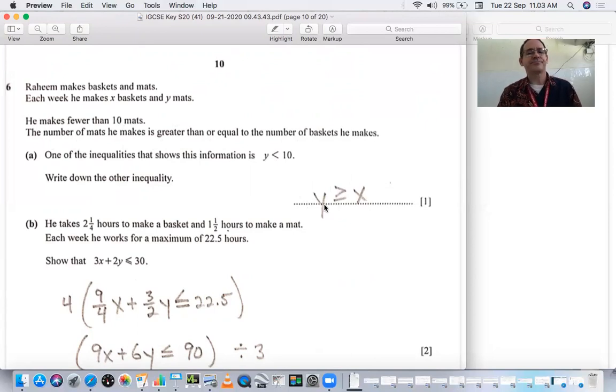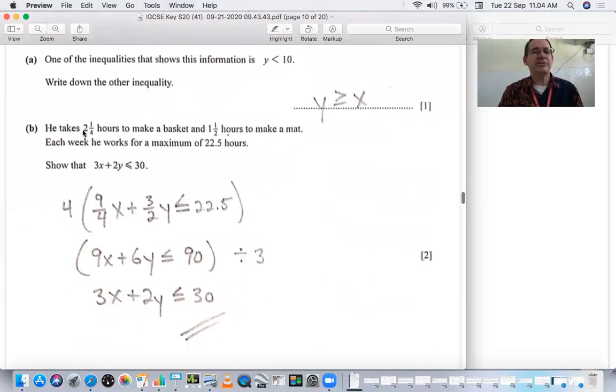Now he takes 2.5 hours to make a basket and 1.5 hours to make a mat. So 2 1/4 hours is 9/4 for X, and 1.5 is 3/2 for Y. And he only works for a maximum of 22.5 hours.